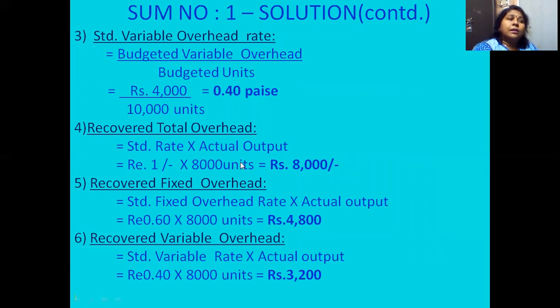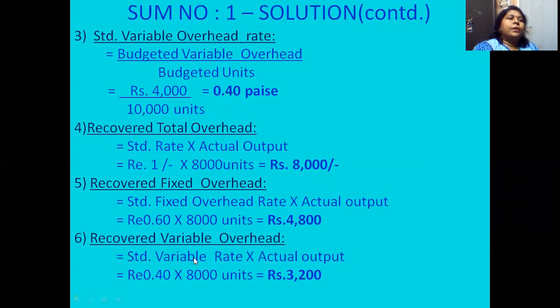I insist on one point here: the required or standard overheads always have to be calculated on the actual output. That's why we made the calculation like that. What is the standard rate into actual output, whether for total, fixed or variable.